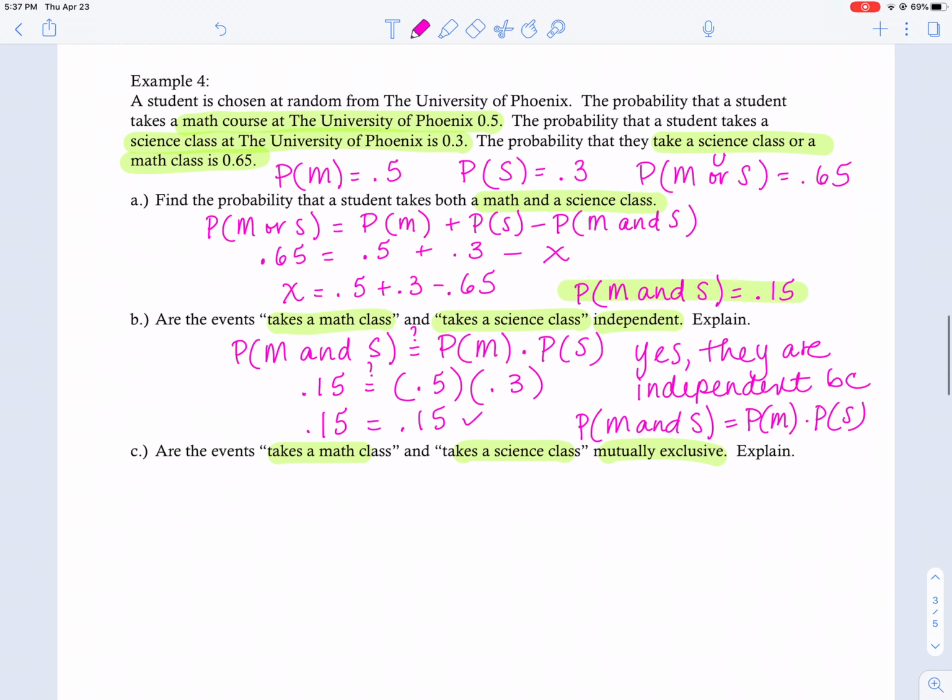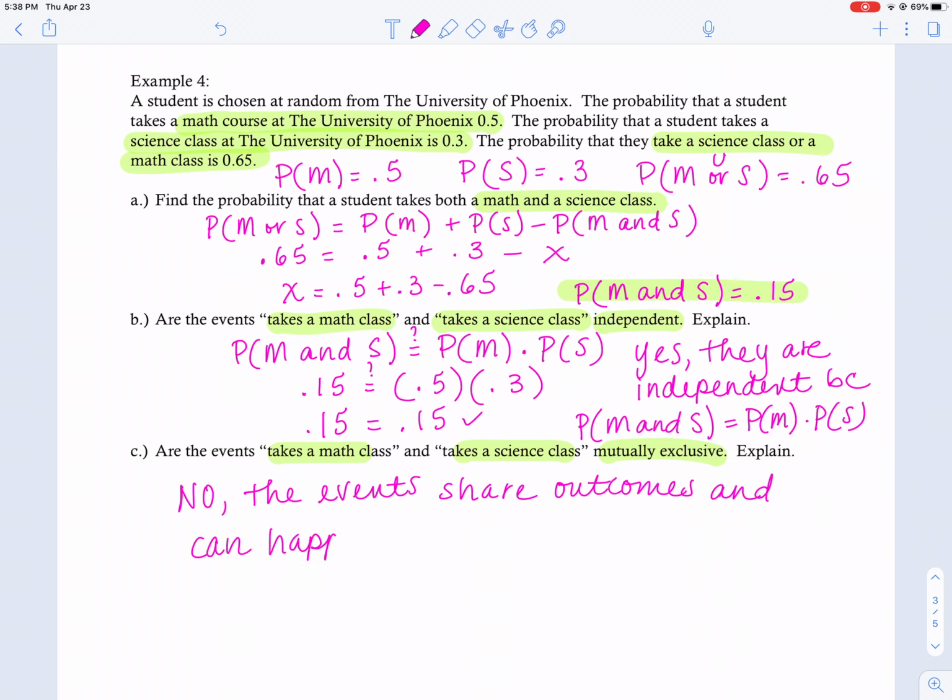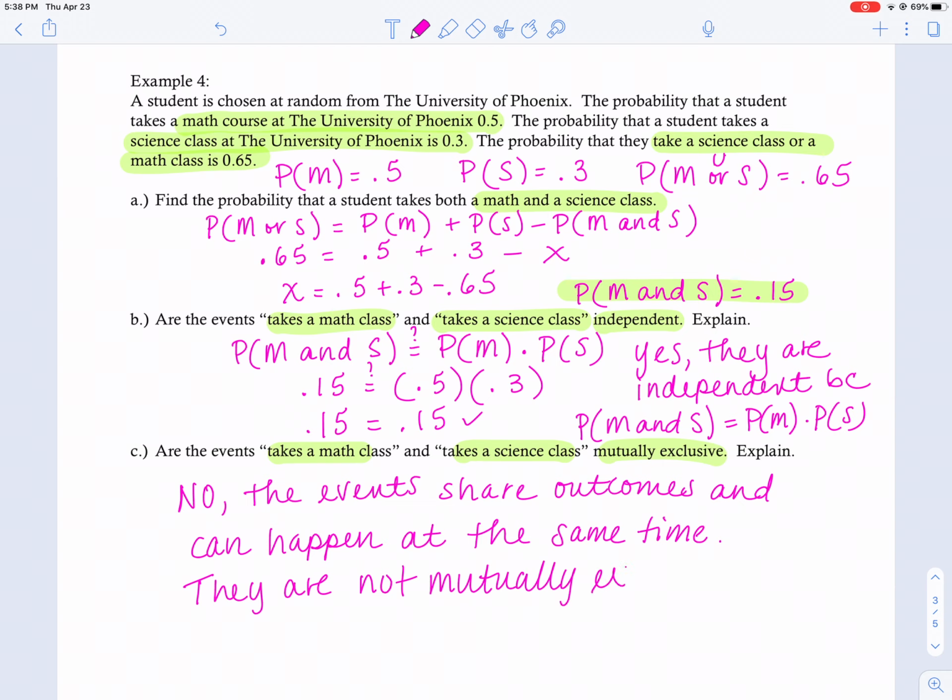So I would say no. The events share outcomes and can happen at the same time. They are not mutually exclusive.